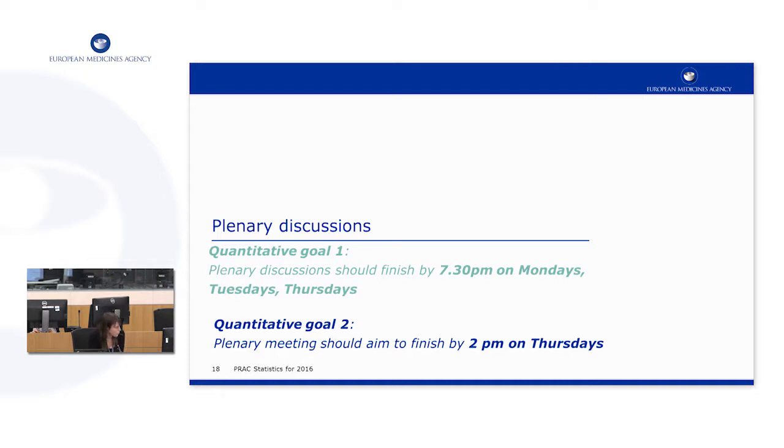So the first one is to measure what time the PRAC is finishing on Mondays, Tuesdays, and oops, sorry, there is a typo here. It should read Wednesday, so we will actually correct it in the final package of presentation. And the quantitative goal 2 is to try, when possible, to finish by 2 p.m. on Thursdays.